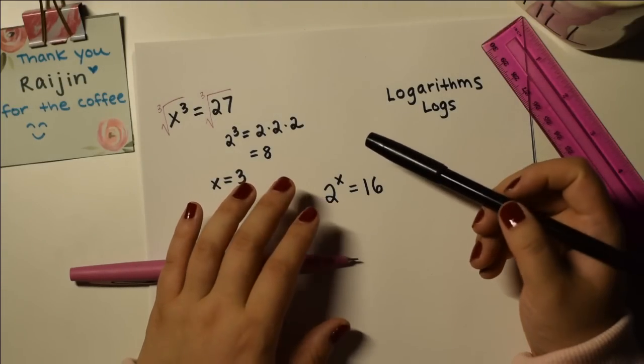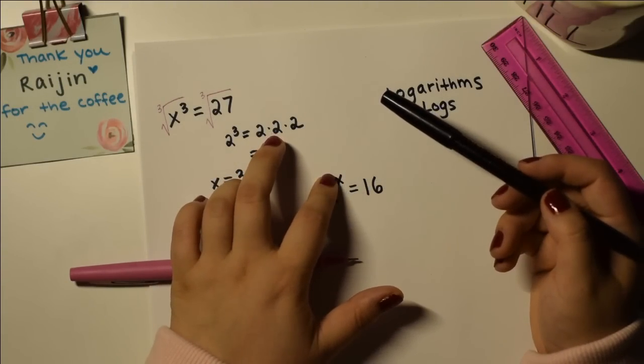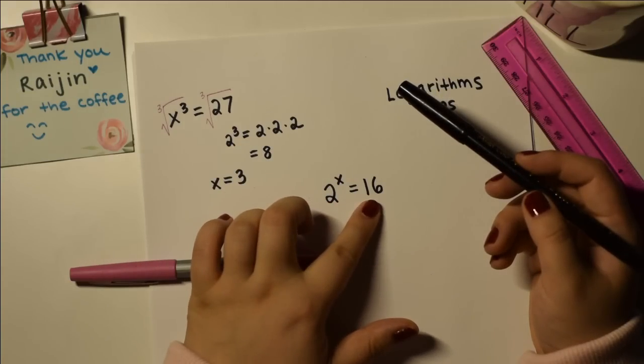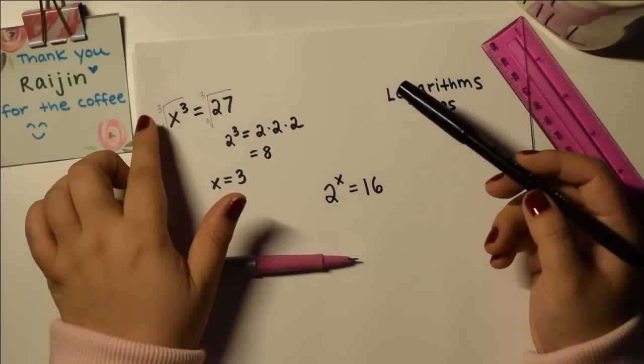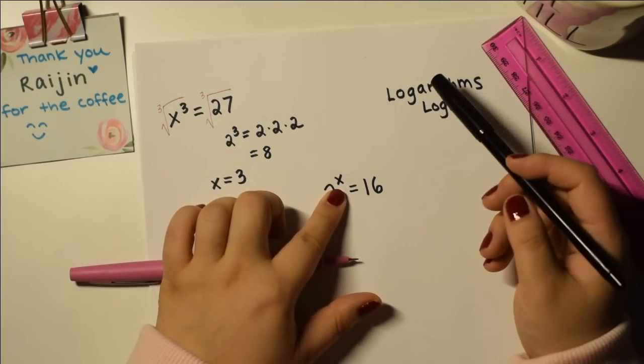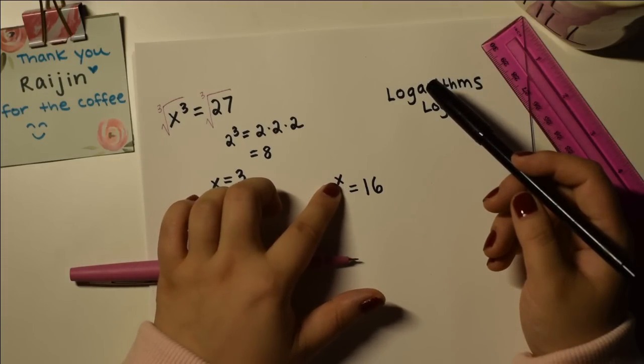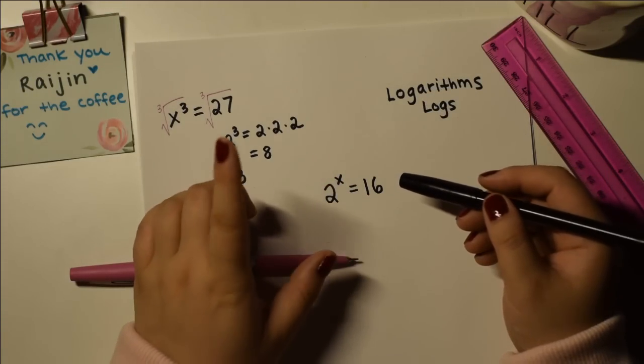In this case, since the x is up here on the top, to solve this you might think, well, we just did the cube root to undo the cubed, so maybe we'll take the xth root on both sides to undo this x here.